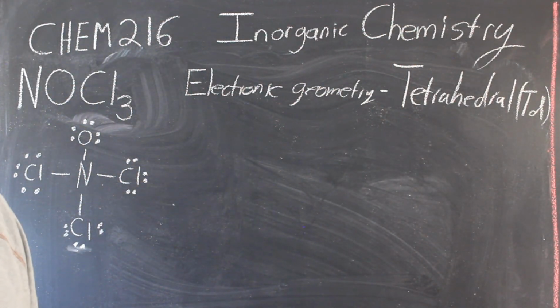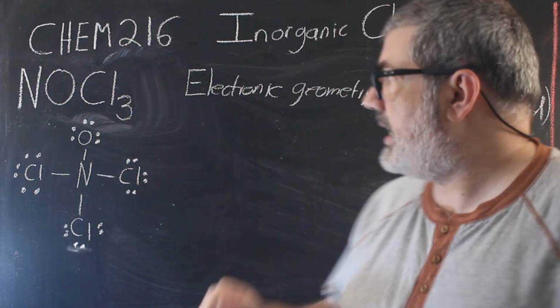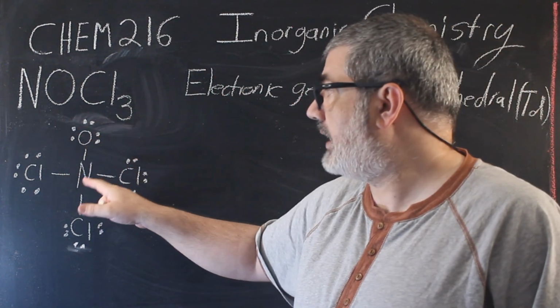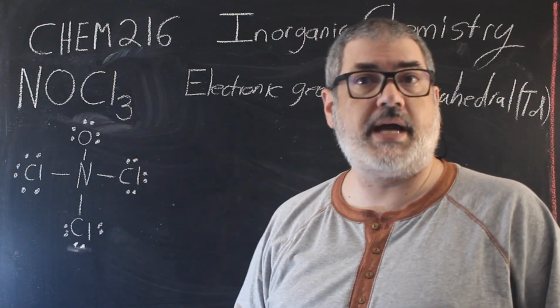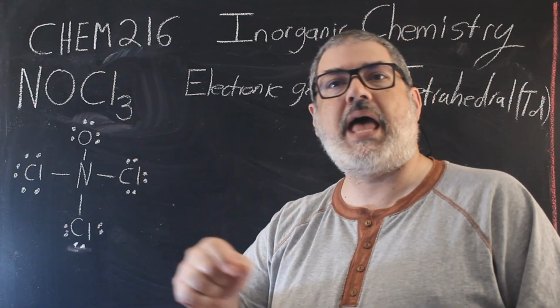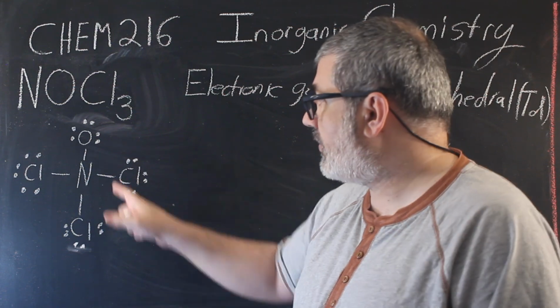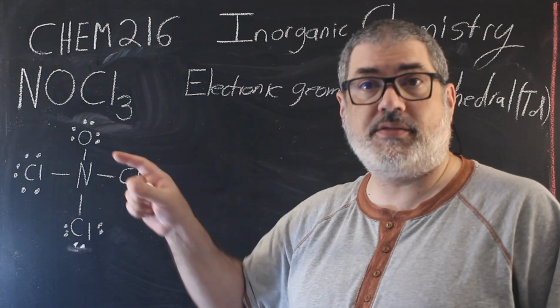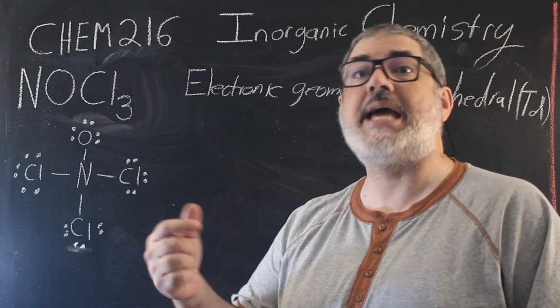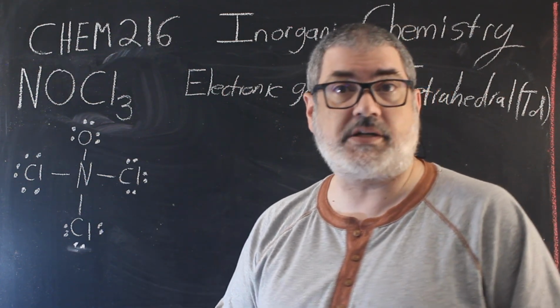What do I mean by electronic? Well, if instead of, let's say, the oxygen atom here, there was a lone pair on the nitrogen, we would count the lone pair the same as a bond pair. Now, there are no lone pairs on the central atom.